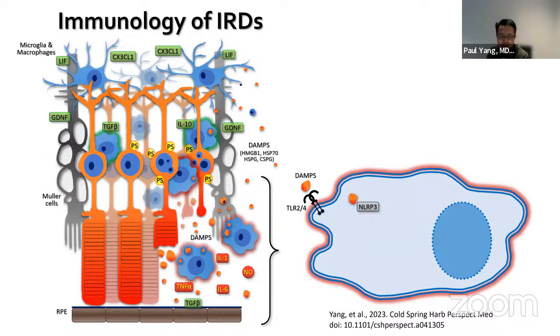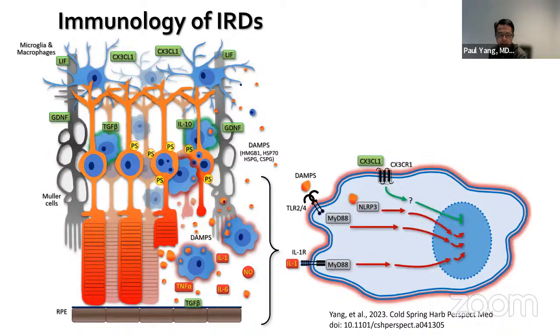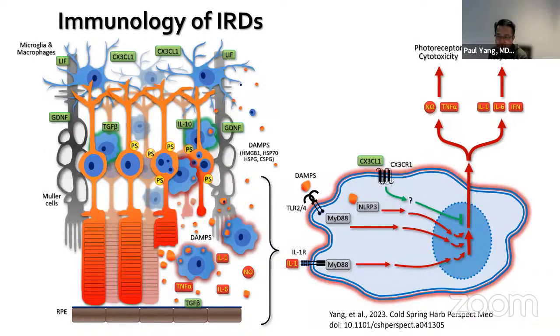And so this is a schematic of a microglia. They express receptors for IL-1, as well as CX3CL1. And they go through these important adapter molecules, such as MyD88, which are adapter molecules for TLR and the IL-1 pathways.